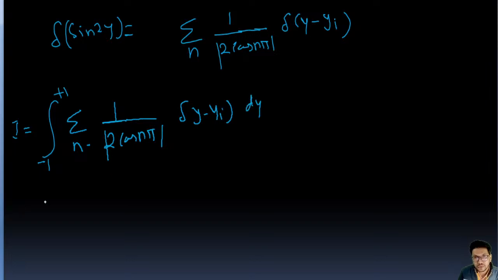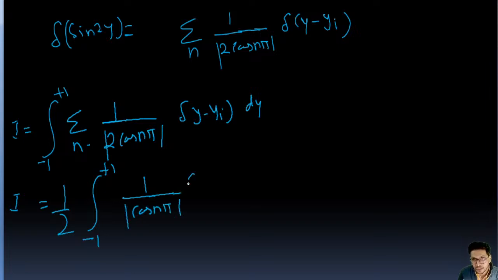Now mod 2 is 2, we'll take that outside. So this is going to be 1 upon 2, integration from minus 1 to plus 1, and the value of n is 0, plus minus 1, plus minus 2, and so on to plus minus infinity. So it is going to be 1 upon cos n pi mod delta y minus yi dy. Okay, this is the one.